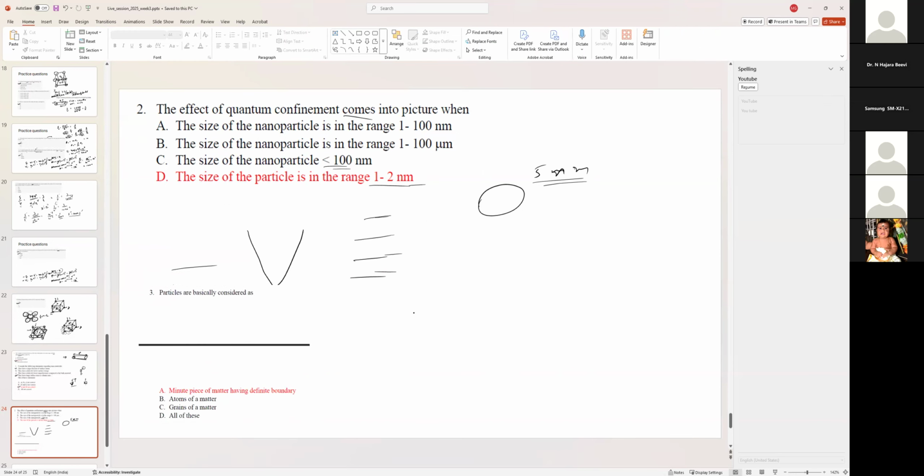Particles are basically considered minute pieces of matter having a definite boundary. Atom, a grain of matter. Atom is atom.